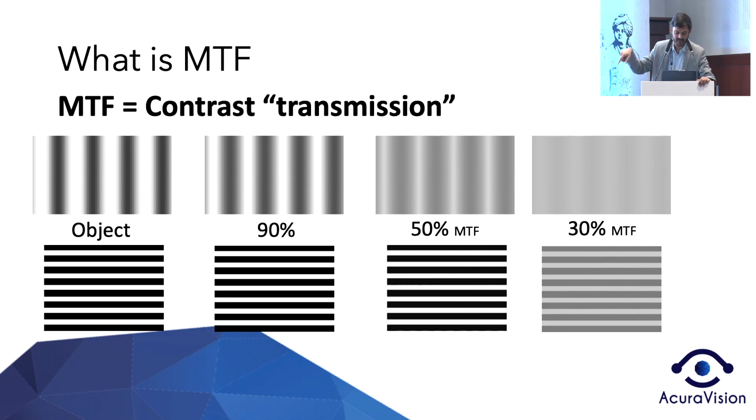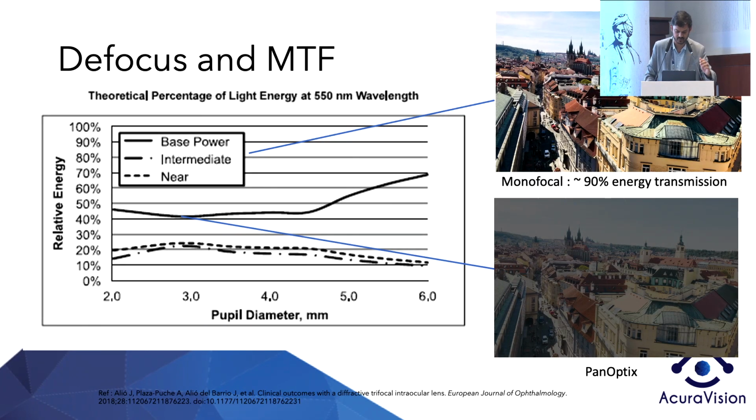If you look at the top and the bottom image, the contrast is reducing from left to right, but the top image is deteriorating in quality while the bottom image is not. The bottom image signifies a Snellen vision chart. It is a square wave grating. But the top image signifies your real life situations, where it is a sine wave grating. So if you look at defocus only and don't look at the MTF, you will be confused.